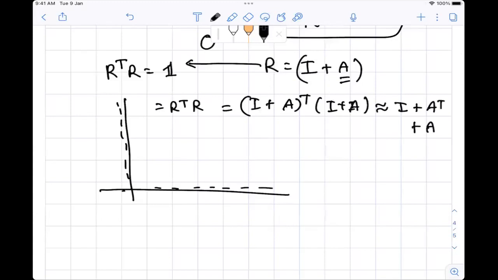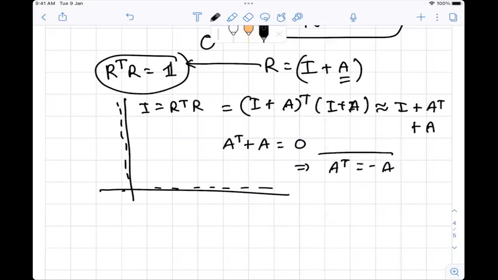But this is again the same as I, because whatever matrix you get has to satisfy this property, because these are all orthogonal matrices. That gives A transpose plus A equals 0. So A transpose equals minus A. So what is this condition? Can anyone tell? A is antisymmetric.